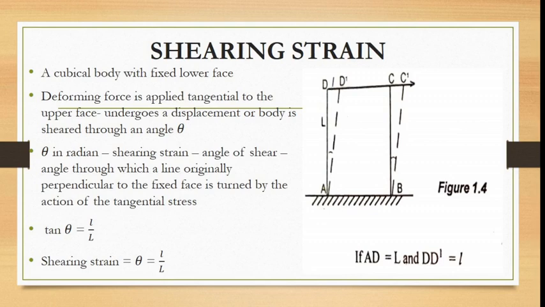You can see the cuboid or cubical shape with the sides A, B, C and D, and the deforming force is applied on the upper surface. So D is changed to D dash and C is changed to C dash, so that the displacement is small l, and the length AD is given as capital L.